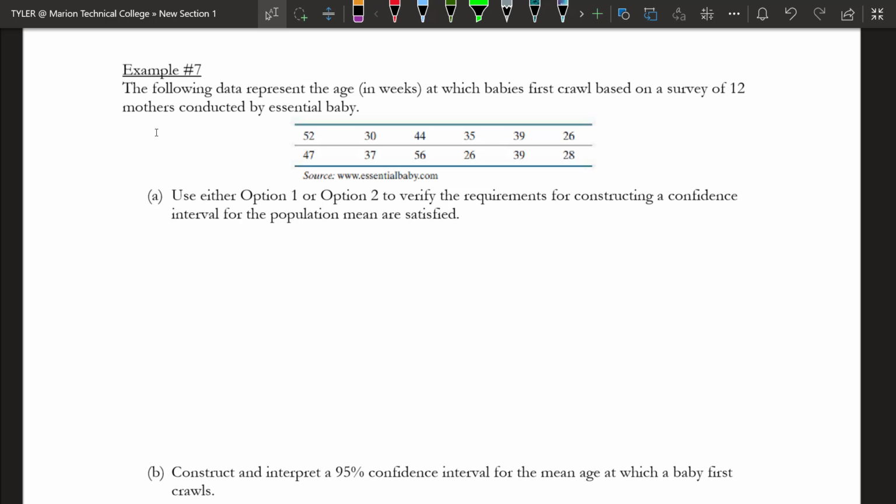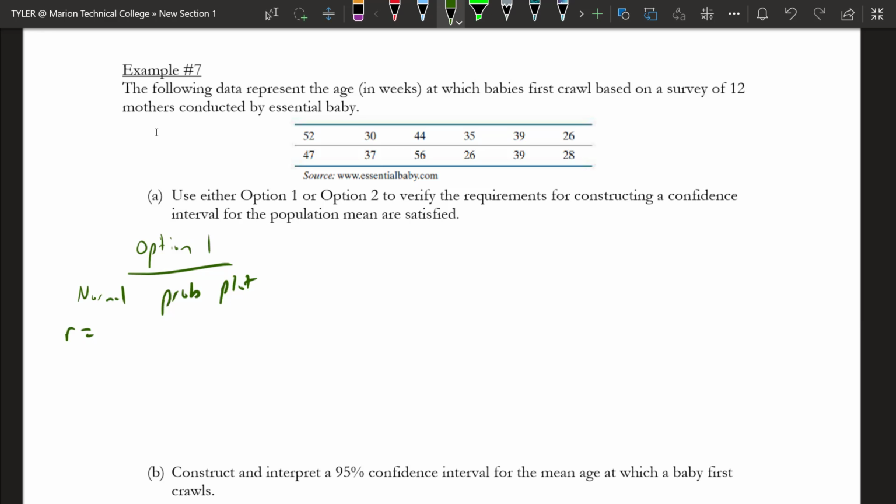So that's why part A is really focusing in on option 1 or option 2, which remember focuses on the normality piece. Right, so I'm going to use option 1. Right, so in option 1, we're going to need to do a normal probability plot and get a correlation coefficient, right?